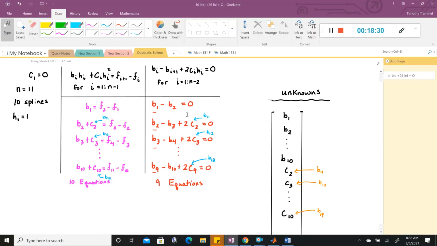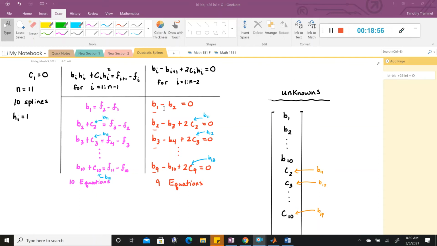And then the last thing we have in these equations is the plus 2c2, 2c3, 2c9. But I do want us to be a little bit careful here. These c's, remember, we're going to call them b's. We're going to have them indexed 11, 12 through all the way up to 18.